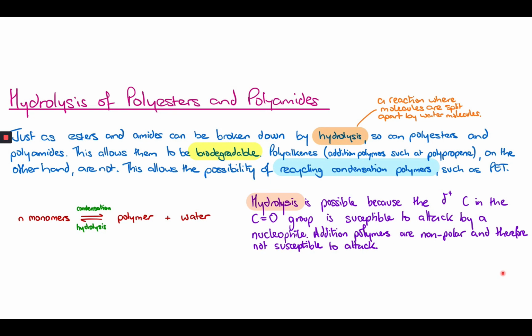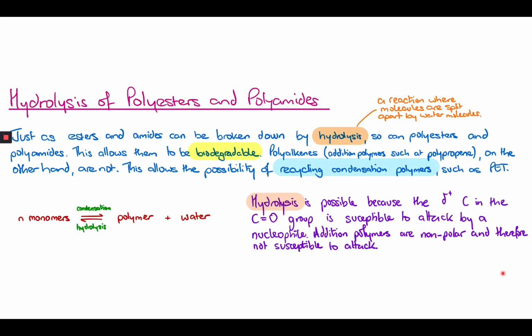And that's one of the things that we've learned when we've gone through the various families of compounds like haloalkanes, aldehydes, ketones, is that having a delta positive carbon makes that carbon susceptible to attack by a nucleophile. And remember, a nucleophile is an electron pair donor.